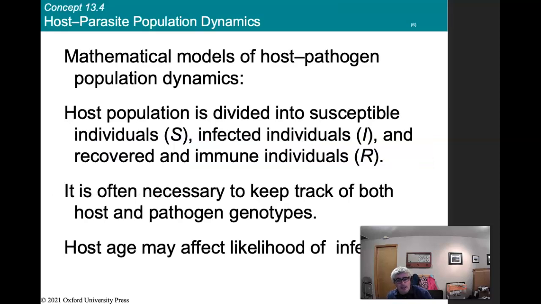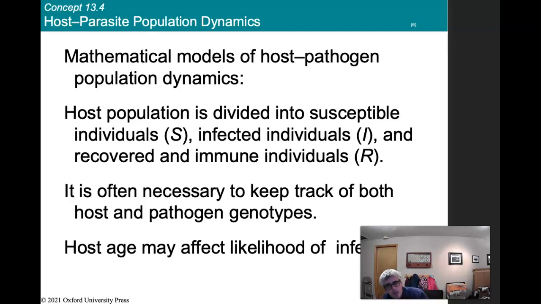Okay, back to more mathematical modeling. There's more terms here. We'll walk through them slowly. So when we're looking at host, part of it's pretty similar to Lotka-Volterra, and so you can think of it in that term as well. So host population is divided into susceptible individuals and infected individuals. So let's just stop there.